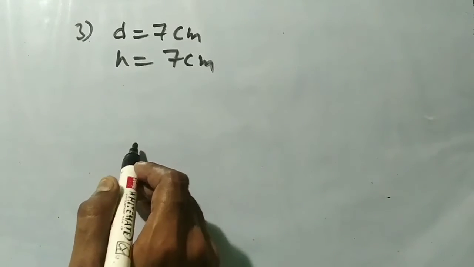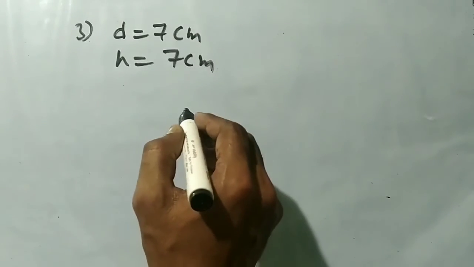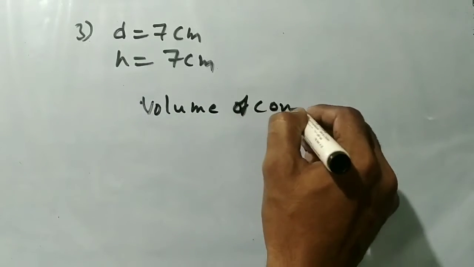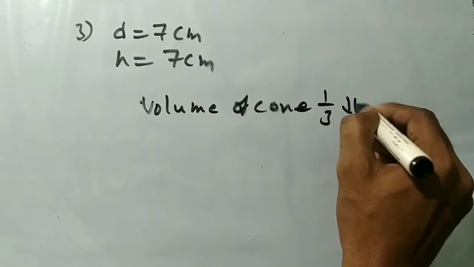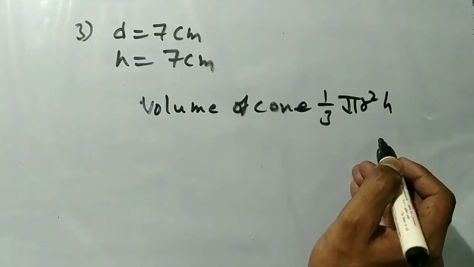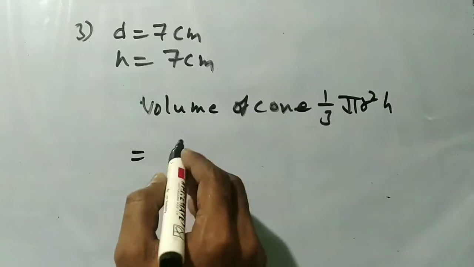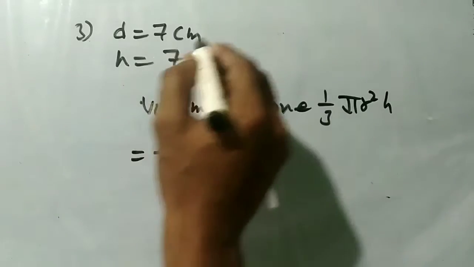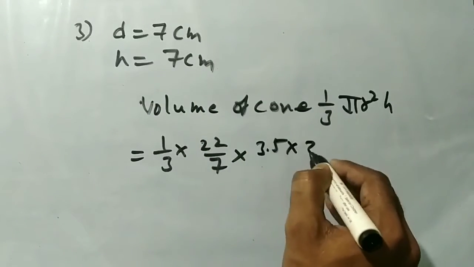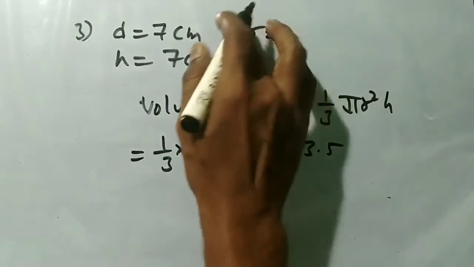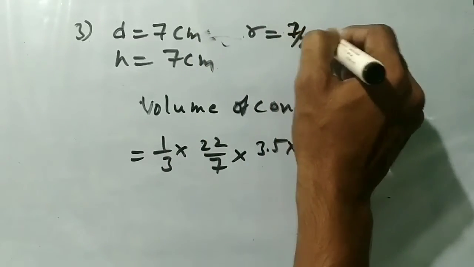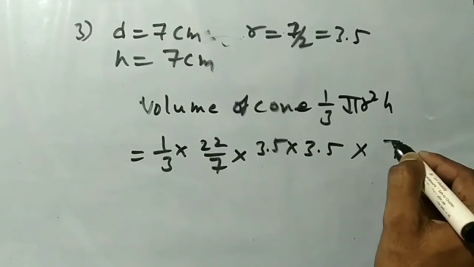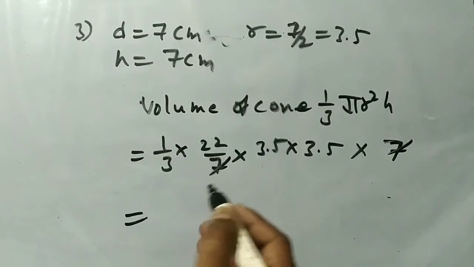We have to find the volume of a cone. The volume of a cone is equal to 1 by 3 pi r square h. Let's substitute the values here: 1 by 3 into 22 by 7 into r, that is 3.5, into 3.5, because r is equal to 7 by 2, into h, which is 7. The 7 gets cancelled here.